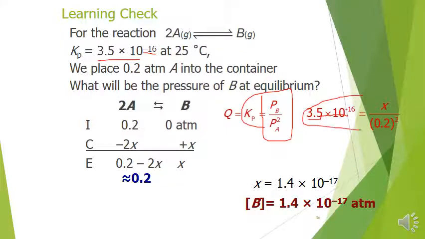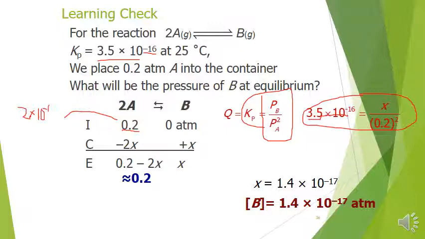Now, our initial concentration is 0.2. And this is 10 to the minus first, so this value here is 2 times 10 to the minus first. I'm doing this so I can see if it's okay if I don't include it.